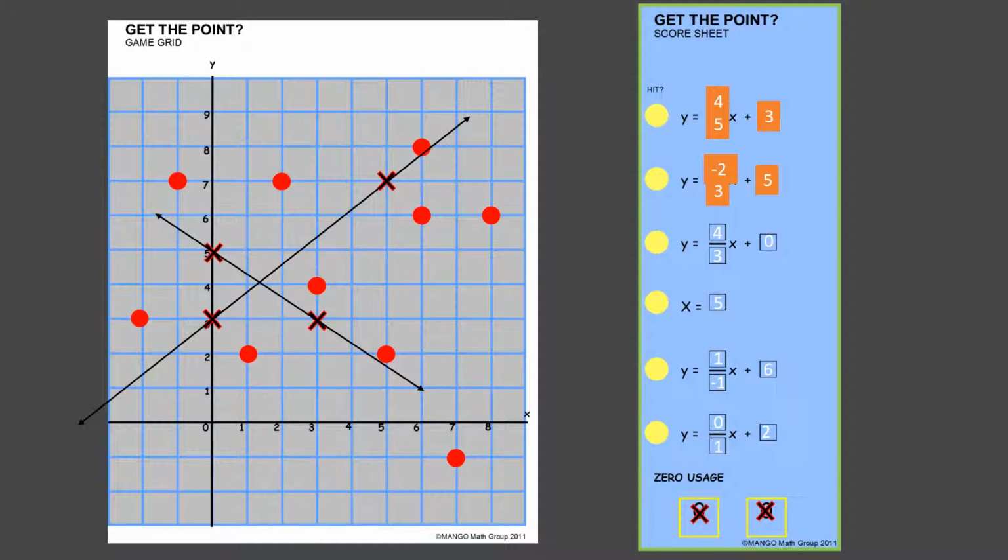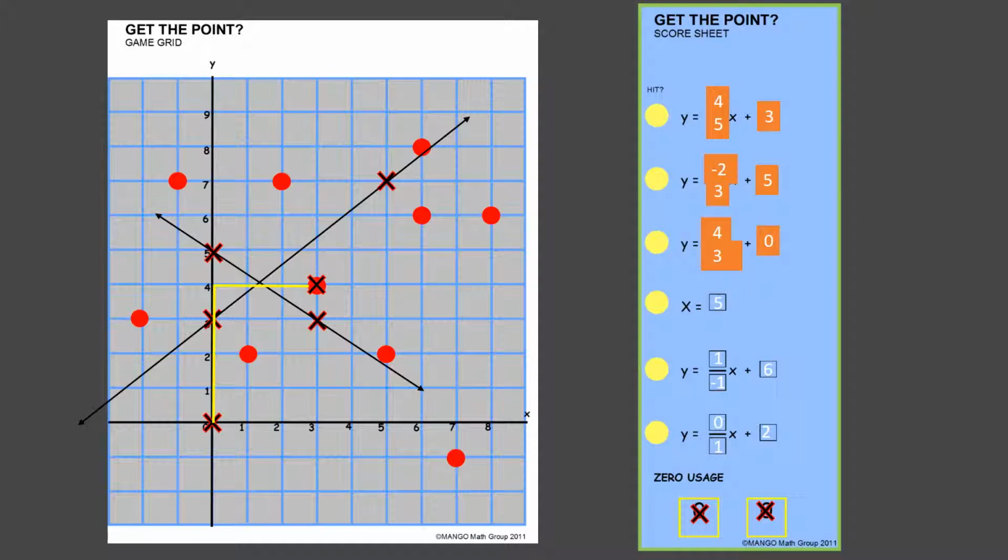The next person goes. They have a 0 as their y-axis, so I'm just going to be on the 0, and they are going to then rise the 4 and run the 3, which gets me to that point. I can draw an X through it.